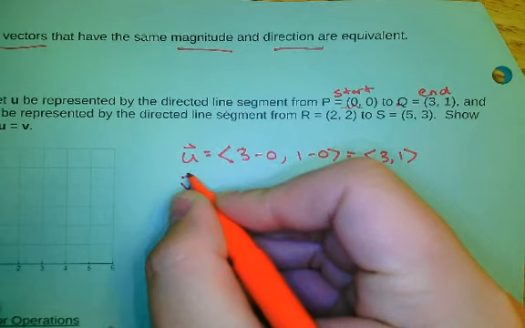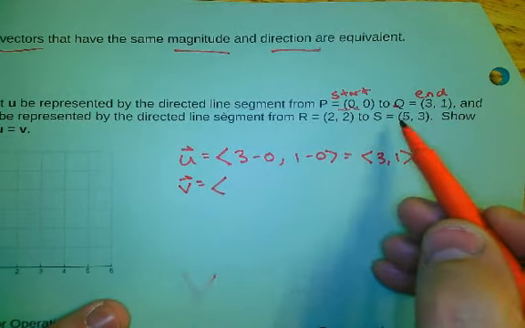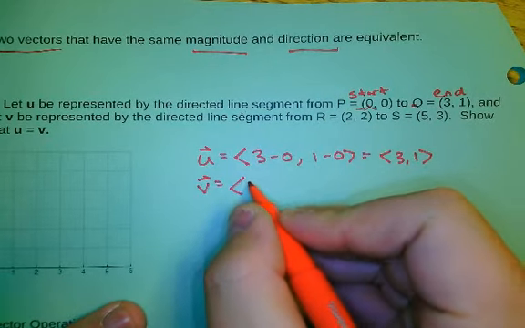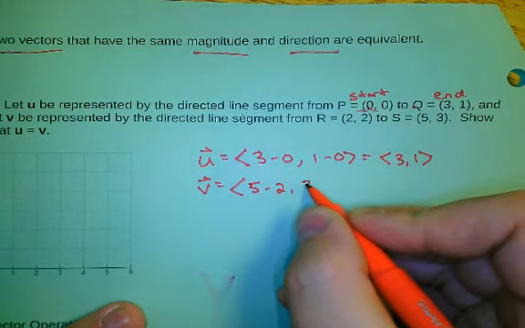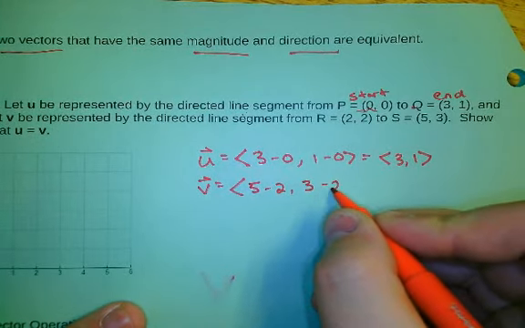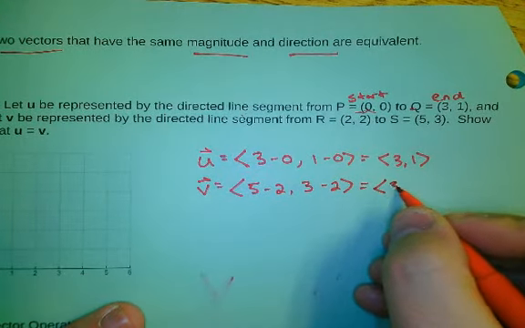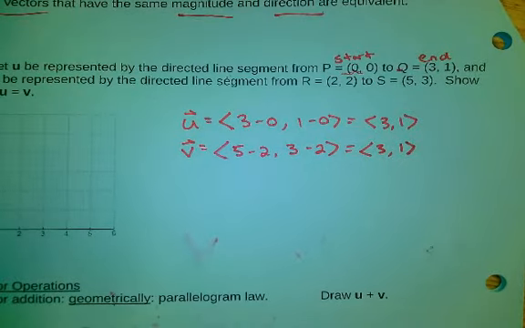And let's do vector V now. So again, the end here is S, start here is R, so it's going to be 5 minus 2, and 3 minus 2, which is 3. So those are the same.